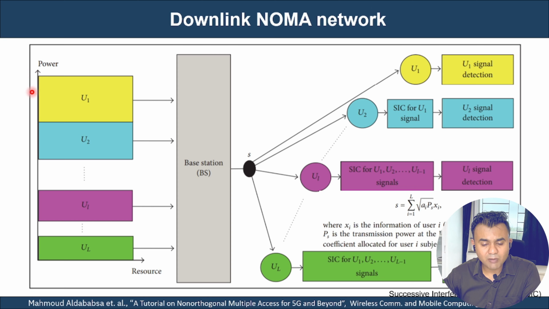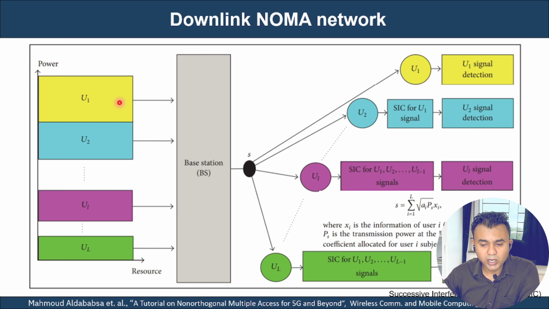For example, these are the messages which I want to transmit from the base station to multiple users such as user 1, user 2, user 3, and so on up to user L, and these are the respective signals. For the user located nearby my base station, I will transmit lower power, and for the user far away from my base station, I will transmit the highest power.